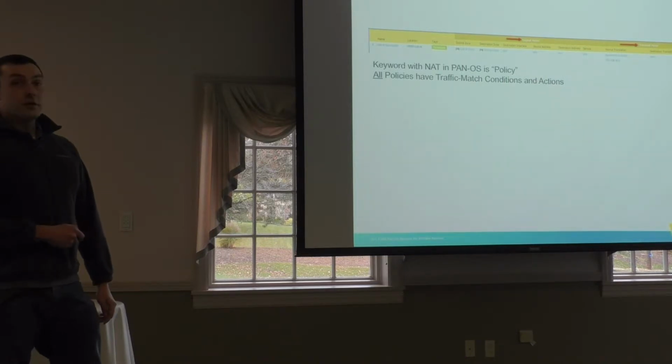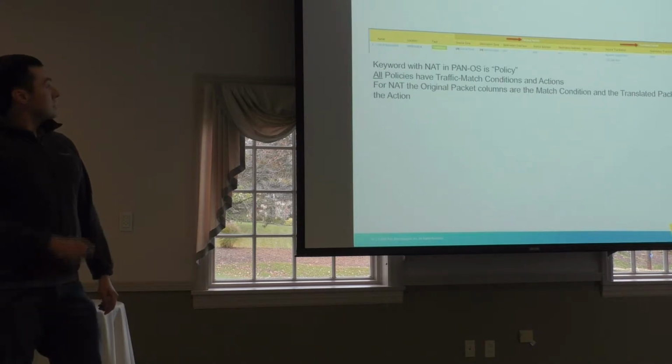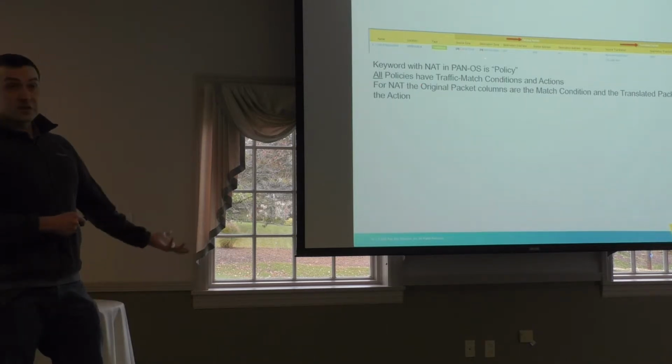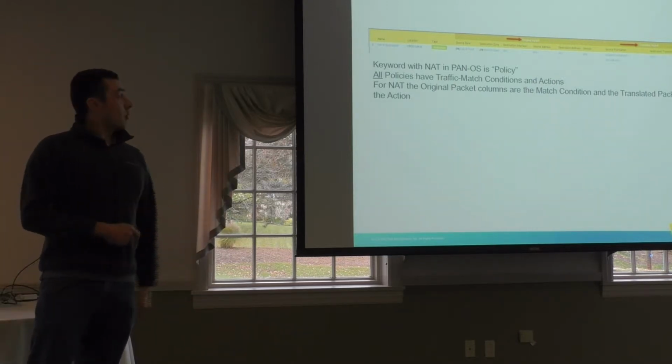that is performed. See this dark gold colored column header? That, the original packet, is your traffic match condition, and over here you've got the action that is taken. This is a very simple NAT rule, dynamic IP and port. The source zone is lab A trust and the source address is any. This is just for my home lab, a very small /24 network.